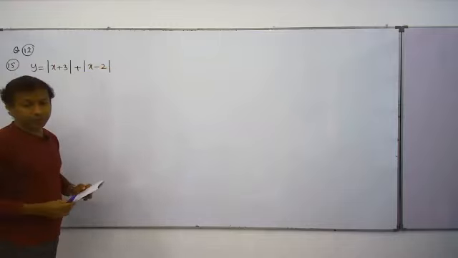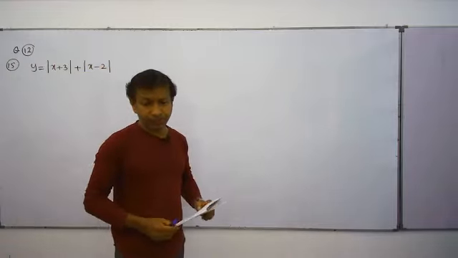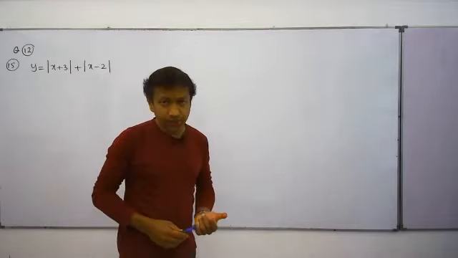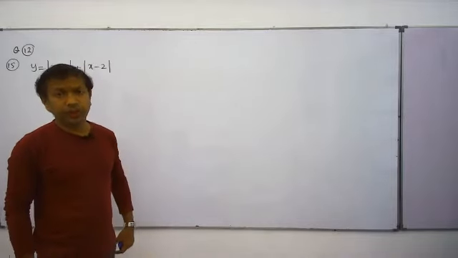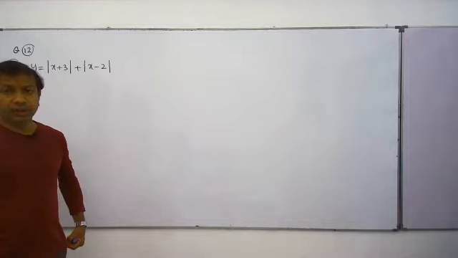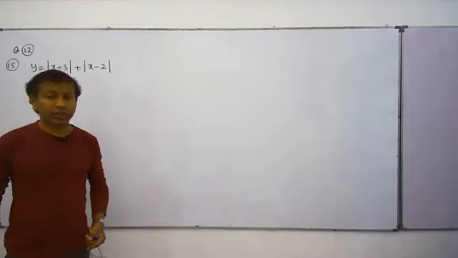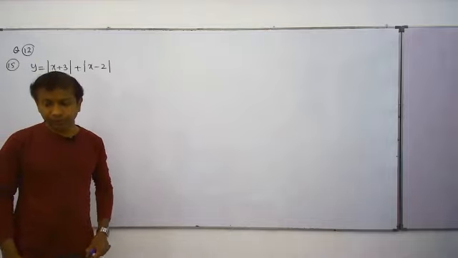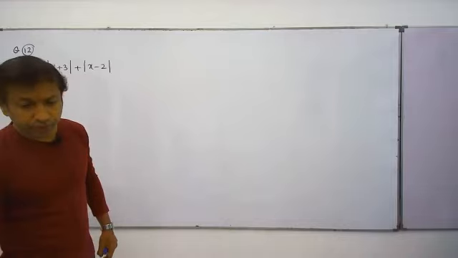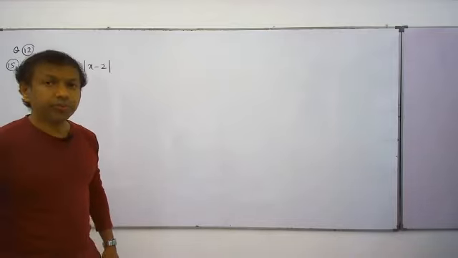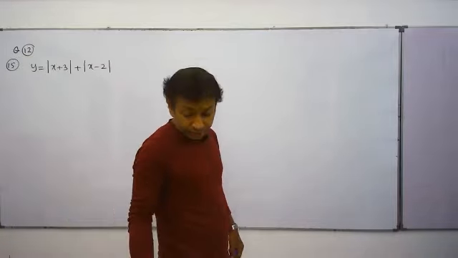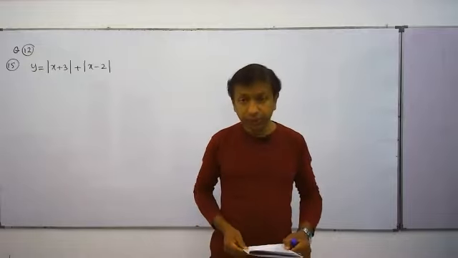Now, this graph we need to sketch first, right? Last week we discussed how to sketch a graph with modulus signs, so using that knowledge, let's see how to draw this graph.